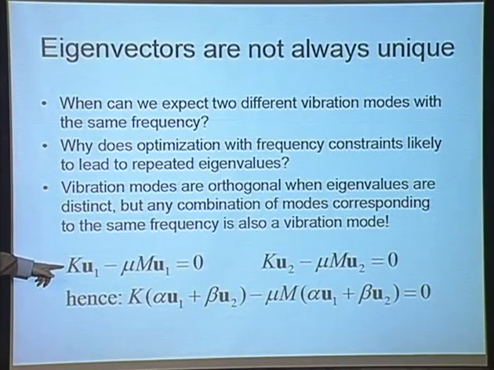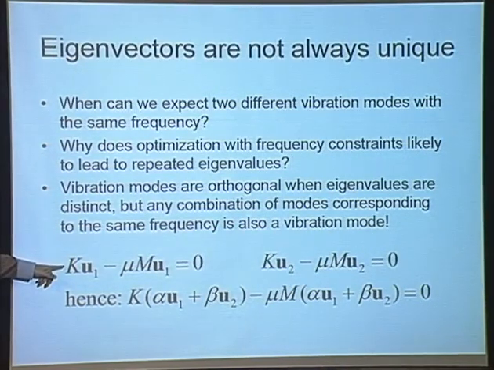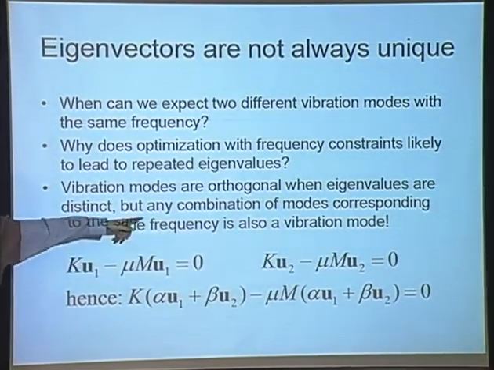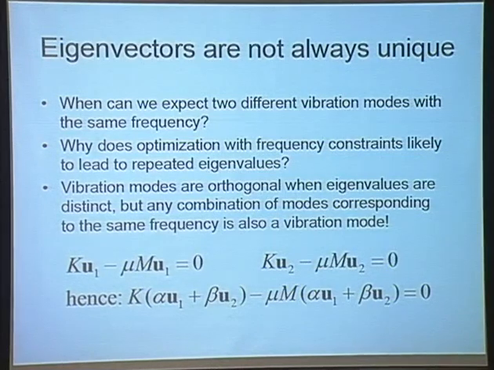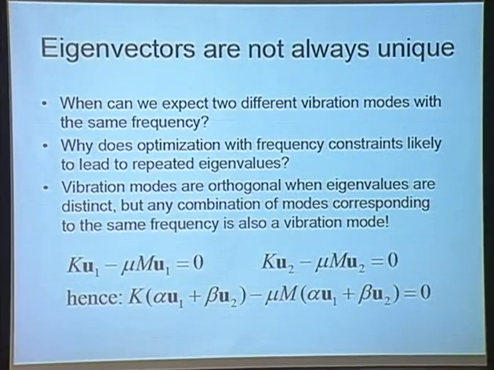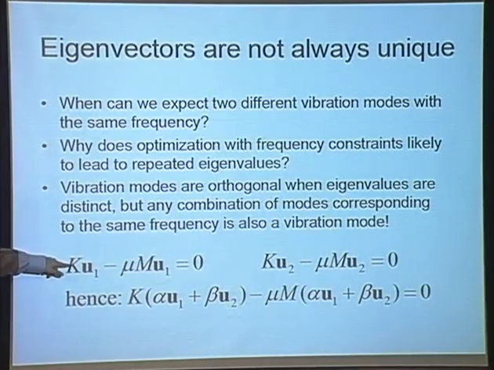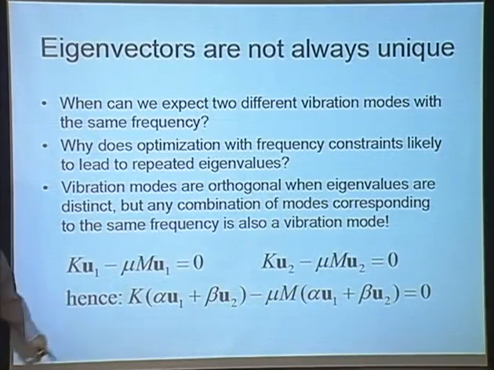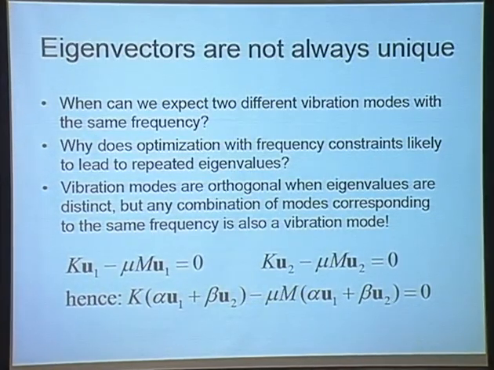I'm writing the equation of vibration mode 1 with an eigenvalue mu, and then I'm writing the equation of vibration mode 2 with an eigenvalue mu. Then I take alpha times this equation plus beta times the second equation and add them together. And I find that alpha u1 plus beta u2 is also a vibration mode.